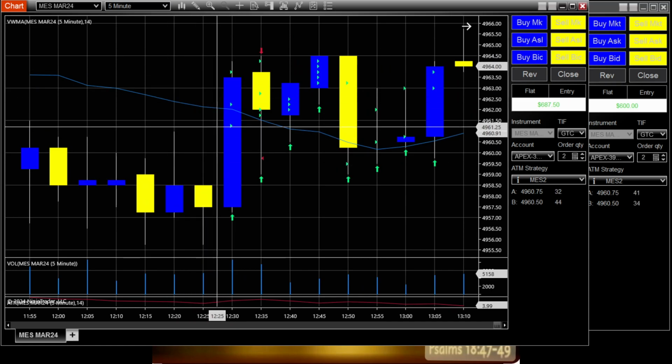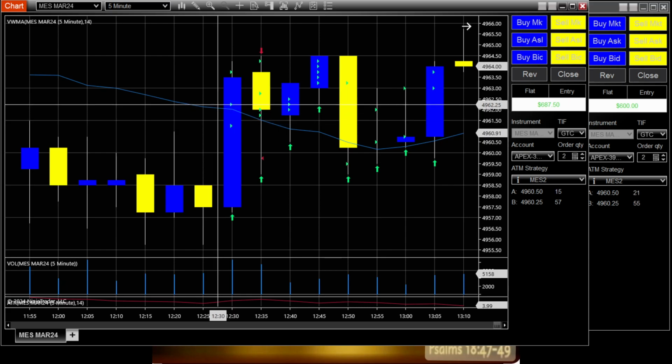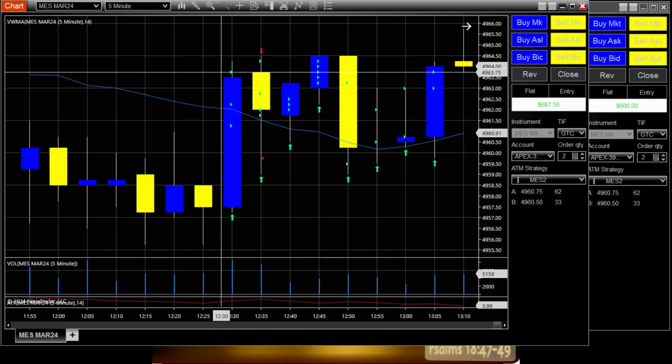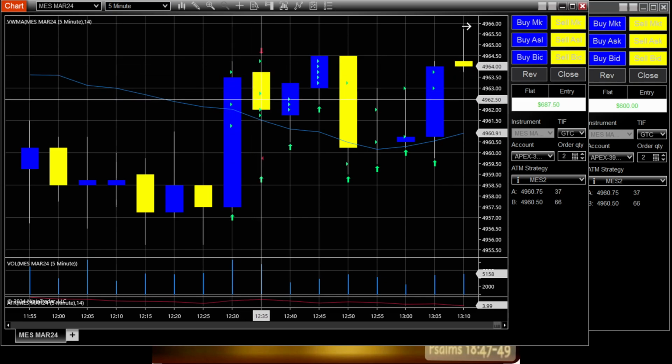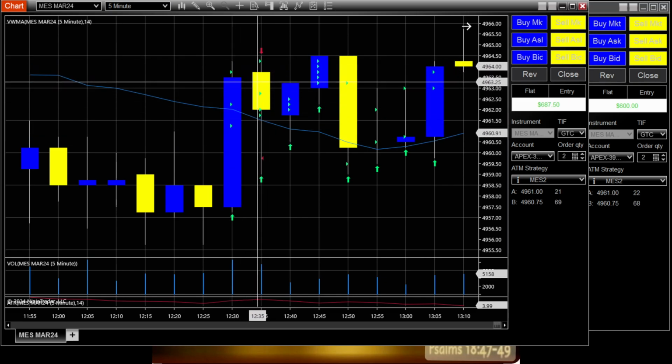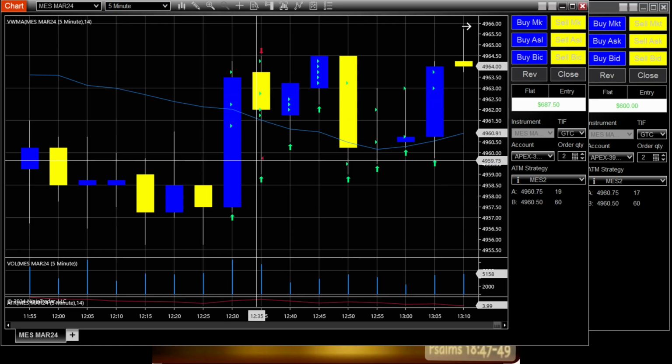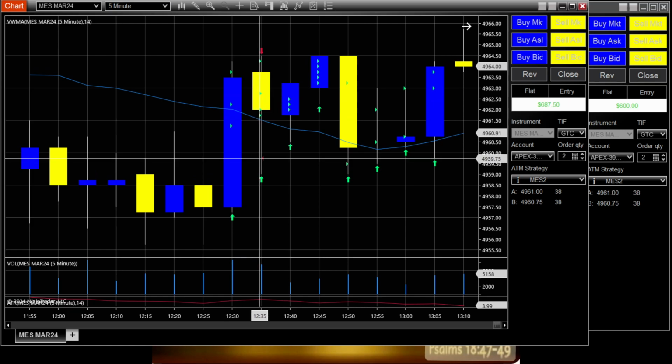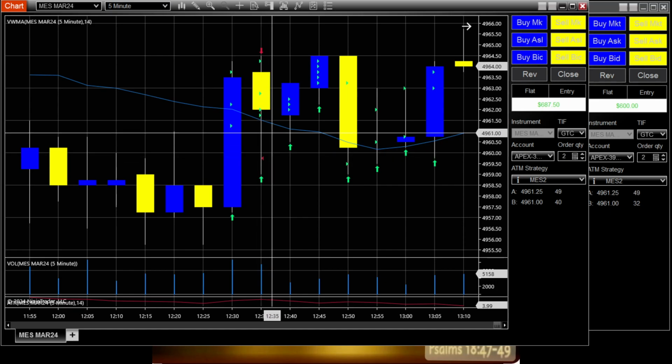Then I started to go long again at 49.61.25, right at the weekly market profile value area high. Added at 49.62.25 and 49.63.75, and these are small contracts, nothing too big. I had to stop out here again at 49.59.75 and took a loss on that again.